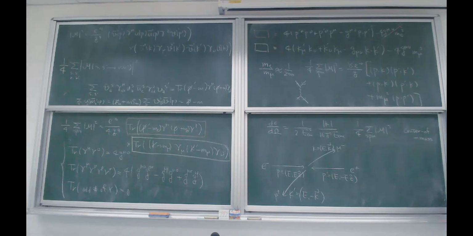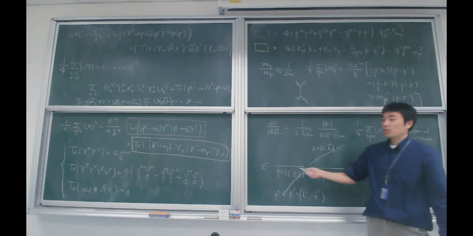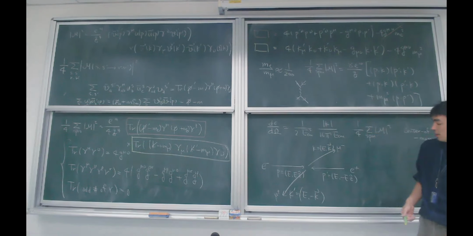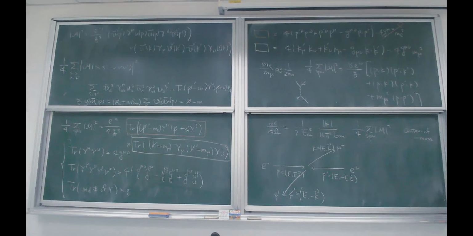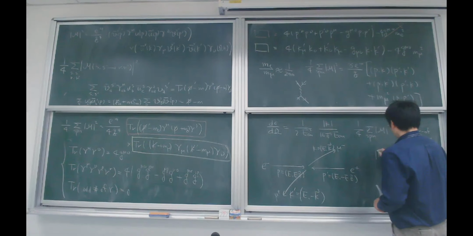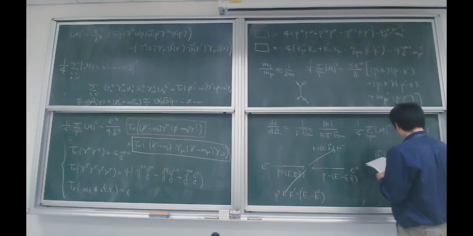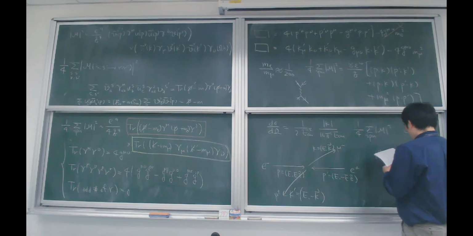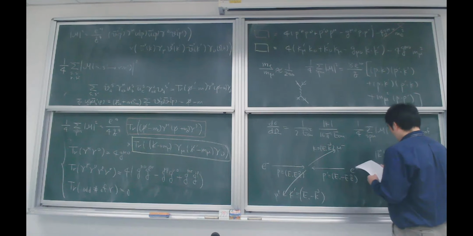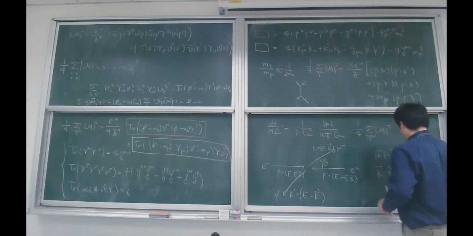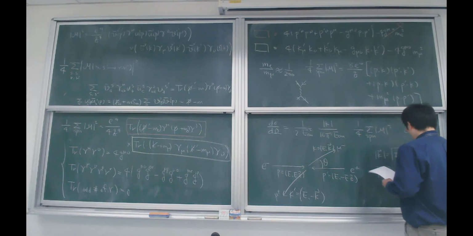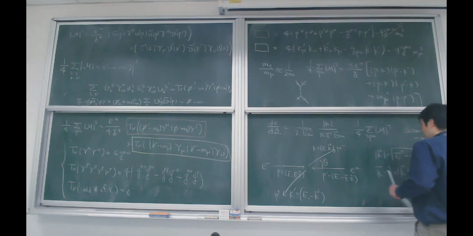Of course, the momentum should always be opposite in the initial state and the final state. And the energy should satisfy energy conservation and momentum conservation. So therefore, K times Z, so this is the angle theta, that is equal to K cos theta.